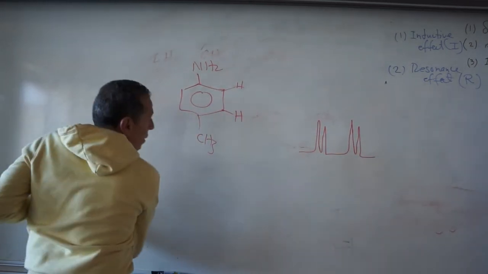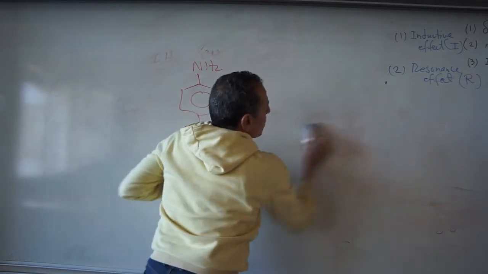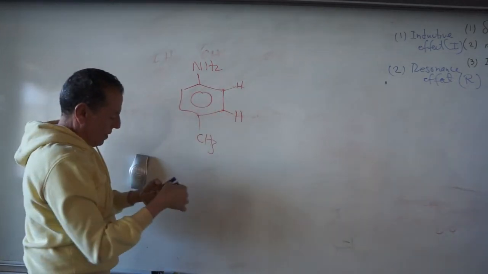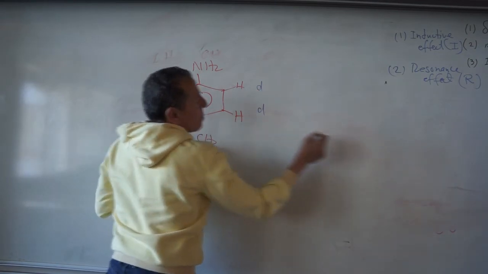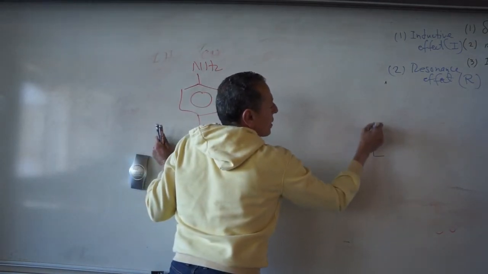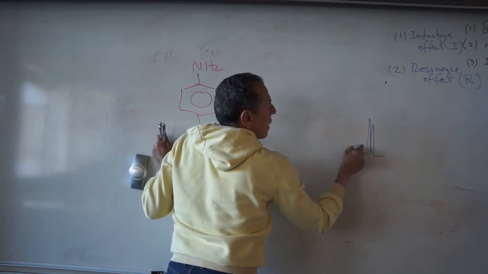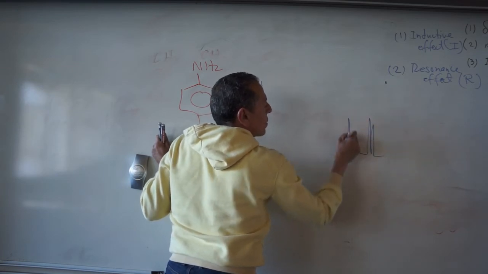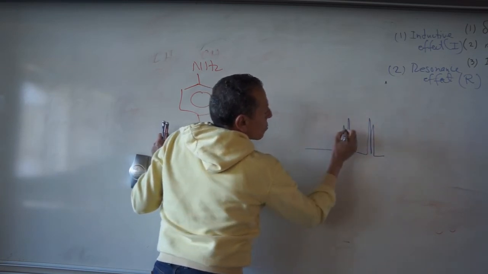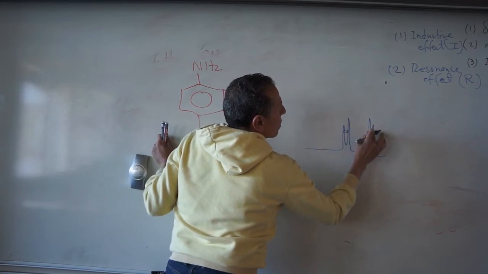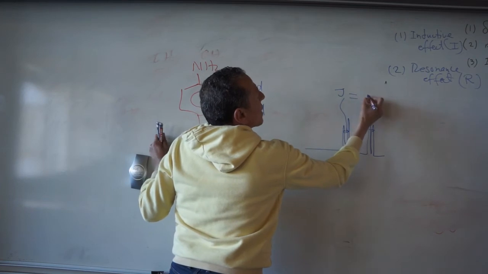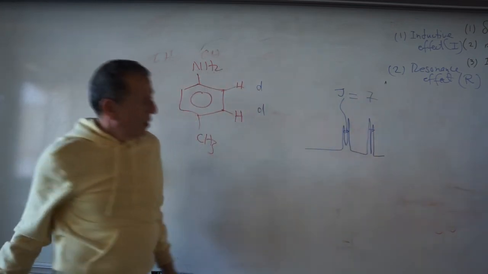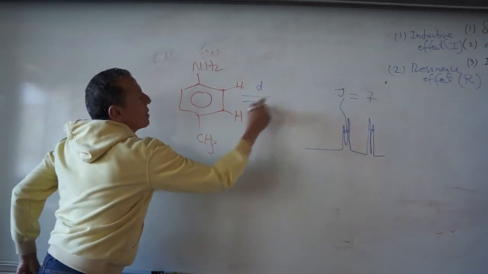Or when it is an AB spectrum, as I told you before, this will be a doublet and this will be a doublet. So the AB spectrum, you will see it like that, and the other one is a mirror to it. So here is the coupling constant. This coupling constant will be around 7, because the two protons are cis.